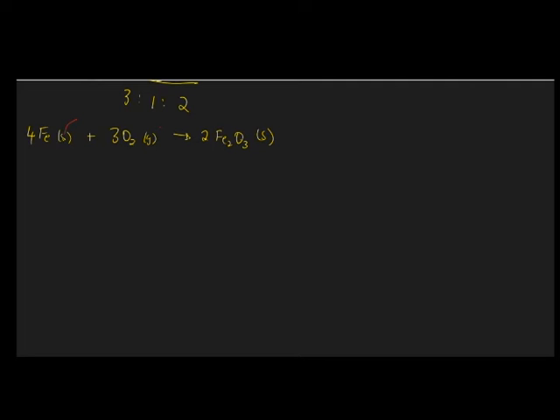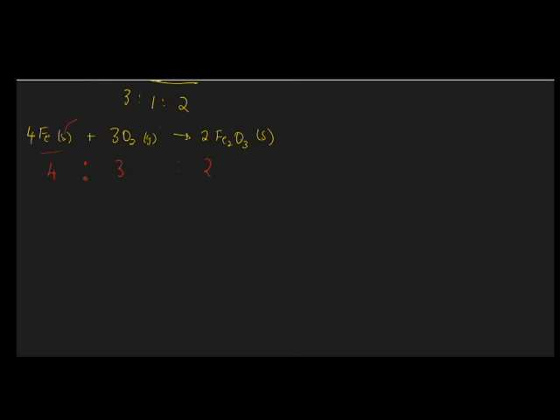So we have to now interpret this equation in terms of representative particles. That is, what is it that you see, like we were doing on the previous equation, right? So how are you gonna say it? With this one, you're gonna say 4:3:2. So that is your ratio.